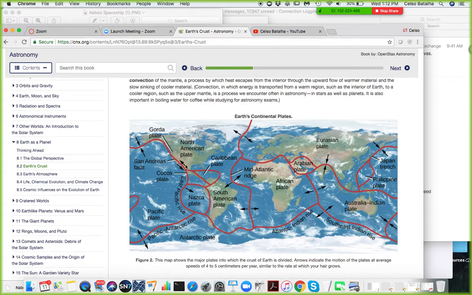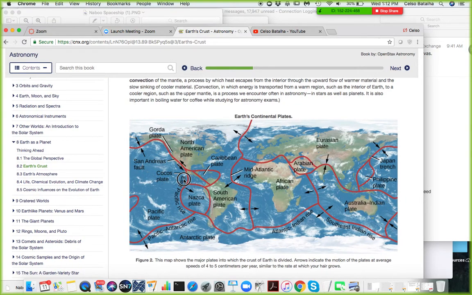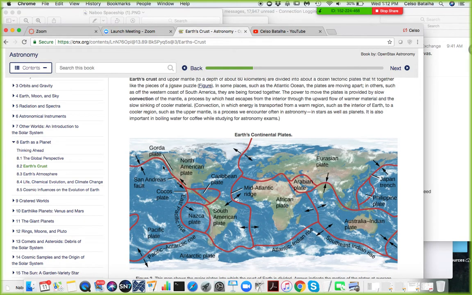If you look here in North America, San Andreas is the interface between two plates that pass one another, and the Juan de Fuca plate, which is somewhere here, is not being shown, is the one responsible for the formation of all the volcanoes we are so familiar with, part of the Cascade range of volcanoes in North California, Washington, and Oregon.